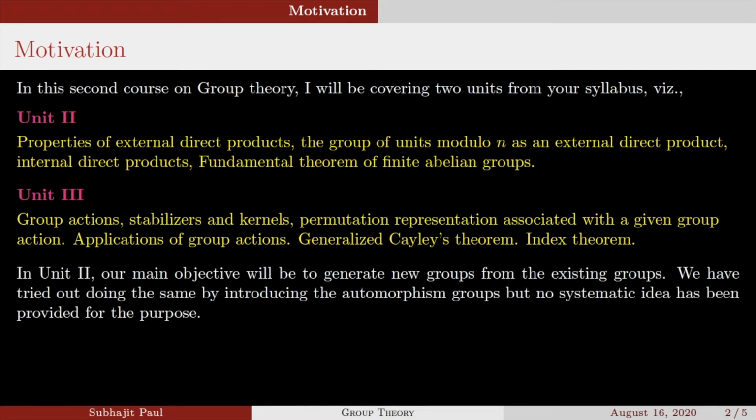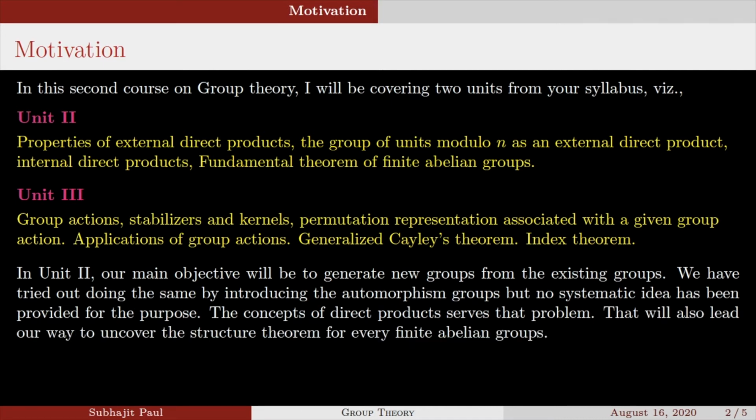They generate new groups from the existing ones, but no systematic idea about, if you have two groups, then how will you generate a new one? Systematic idea has been provided for the purpose. The concept of direct products serves this problem. That will also lead our way to uncover the structure theorem for every finite abelian group. This is what I was talking about.